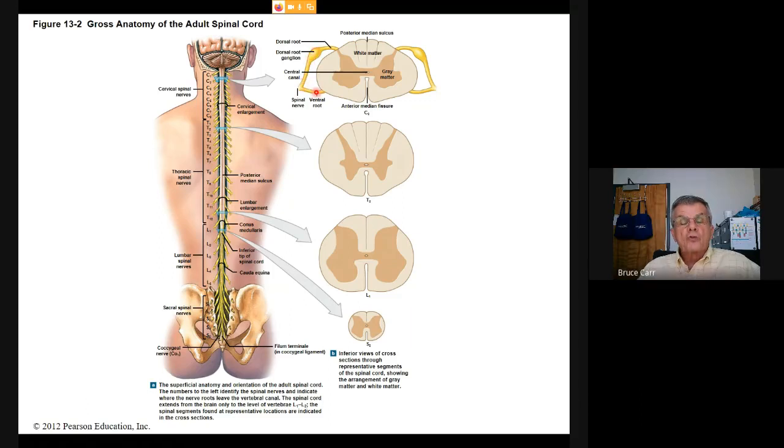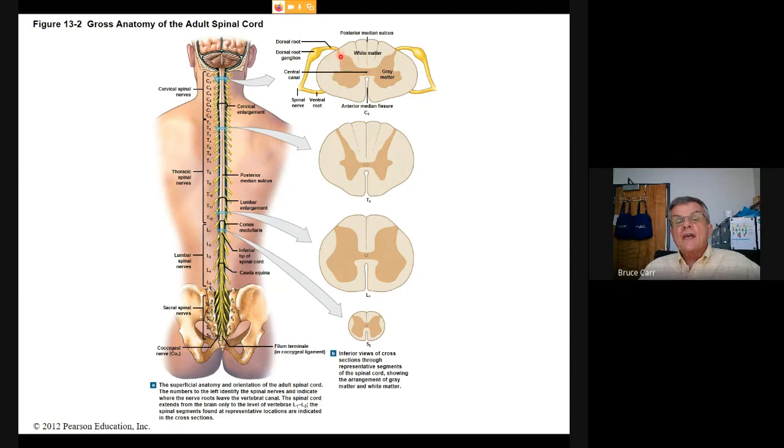I'm going to jump the gun here and tell you that anatomical difference reflects a functional difference. The incoming signals of the afferent system, the sensory signals, are connected into the gray matter of the dorsal root ganglion, dorsal root connect to this dorsal gray horn.